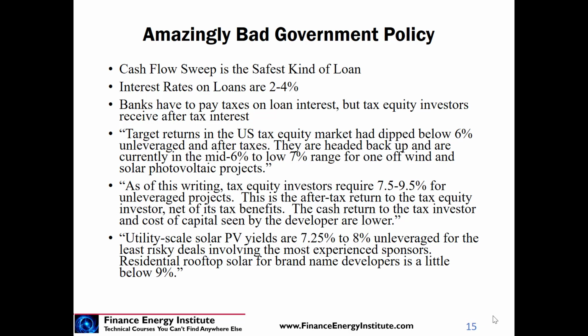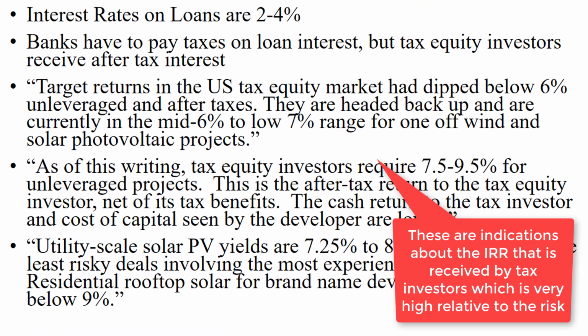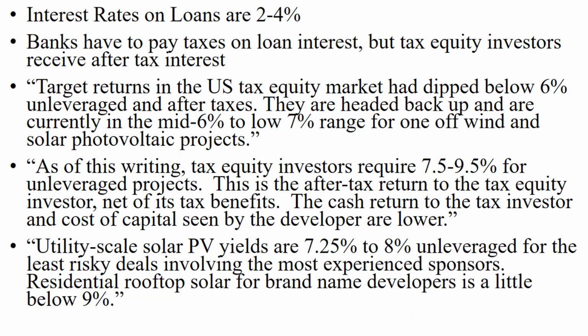Imagine a cash flow sweep where the bank gets all the money, or 99% of it, until you reach a certain level, and then after that, the investor gets the money. That's an amazingly safe loan. And if they're structured like that, where you're kind of guaranteed a certain amount of money, then why should you get these kinds of interest rates?